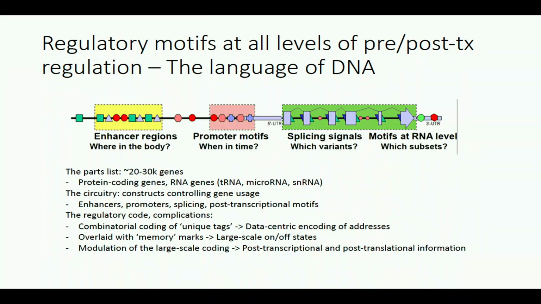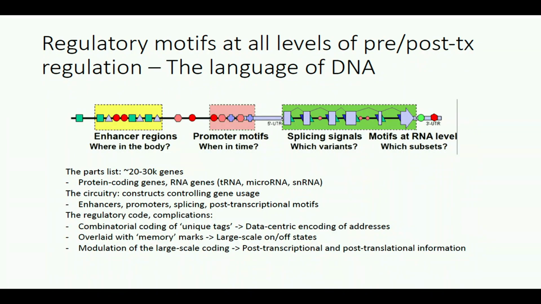So now that we think about the entire genome, the regulatory process is actually happening at many different levels. There could be enhancers and promoters, but also at a higher level, in the post-translation process, there's splicing and other types of signals that signal changes to the protein.